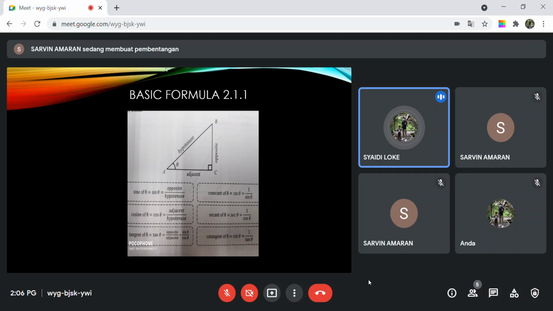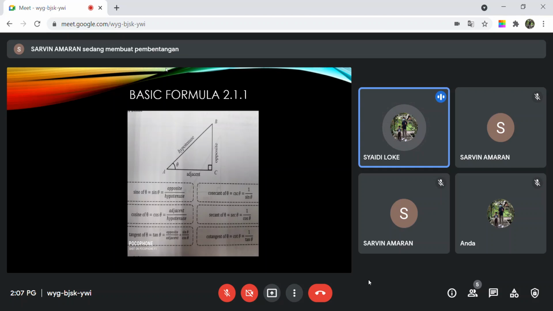So the first is sin theta equals opposite over hypotenuse. The second is cos theta equals adjacent over hypotenuse. The third is tan theta equals opposite over adjacent.